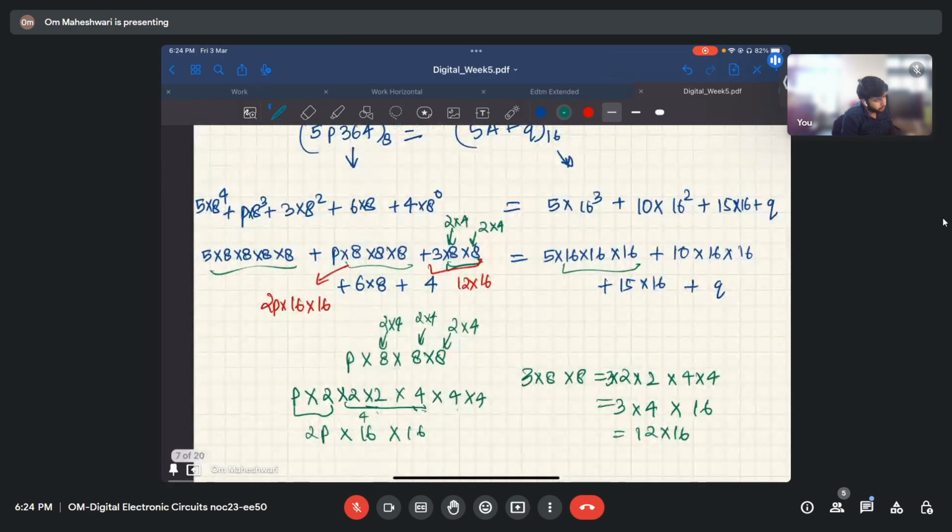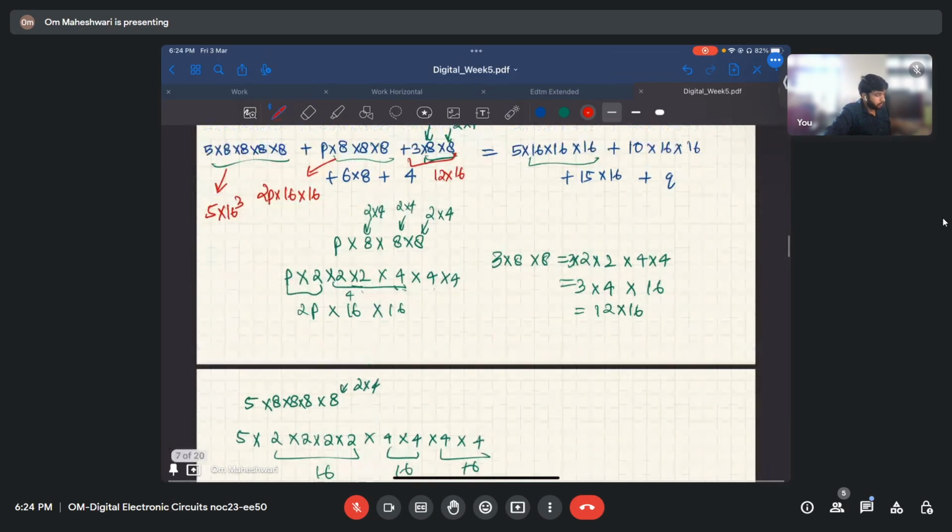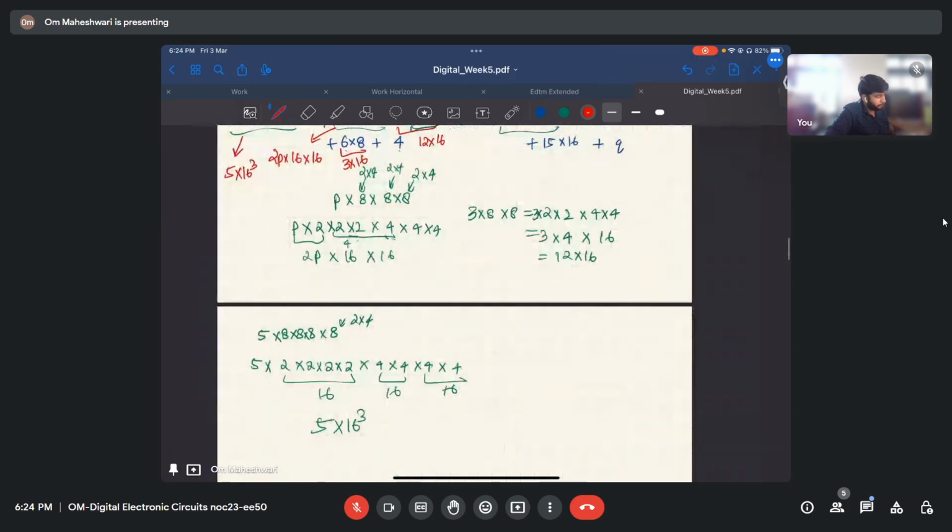So I'll rewrite this as 5 into 16 cube. Now I can write this as 3 into 16, and 4 remains as it is.